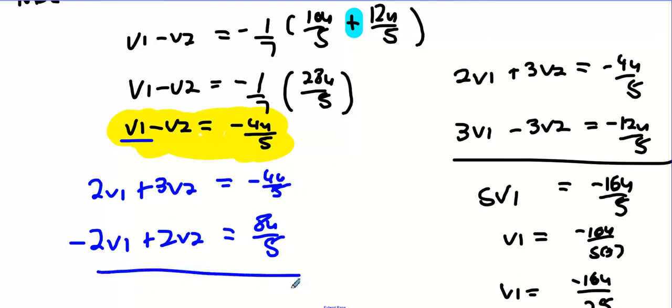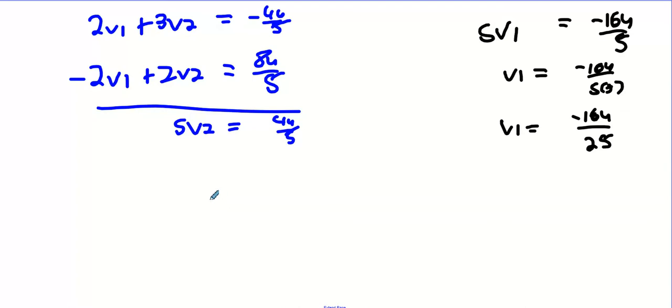And then we find out that 5v2 is 4u over 5, and then v2 is 4u over 25. Okay. Now, is that a plus or a minus, however? And that's a plus.